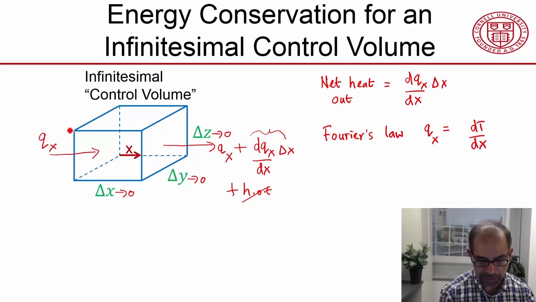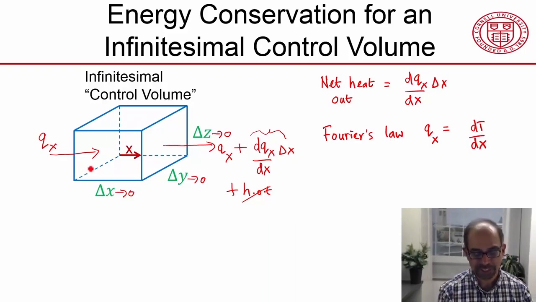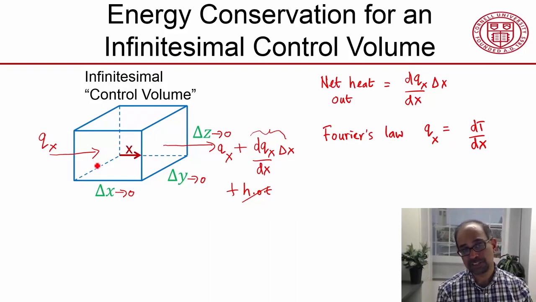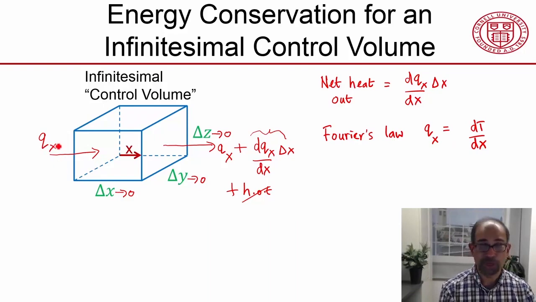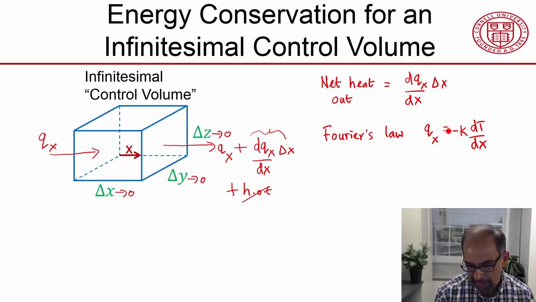If the temperature gradient was larger here, you'd get more heat flow. If there was no change in temperature near that phase, then there would be no heat flow through that phase. I think that's intuitive. And there's a constant of proportionality, which is k, and I get a negative sign.